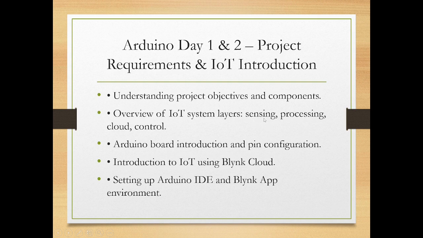Sensing is the sensors and actuators that take data from the real world. Processing is where the data is filtered and noise gets removed. Cloud is used for storage and control, where the software system controls the data and also sends output.